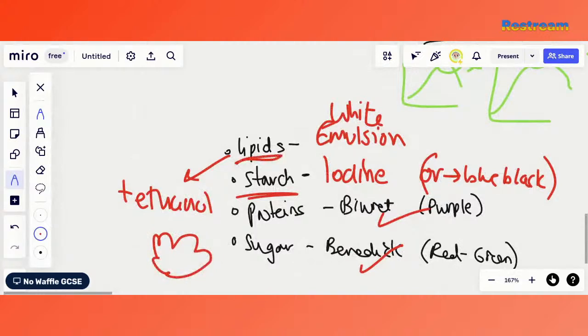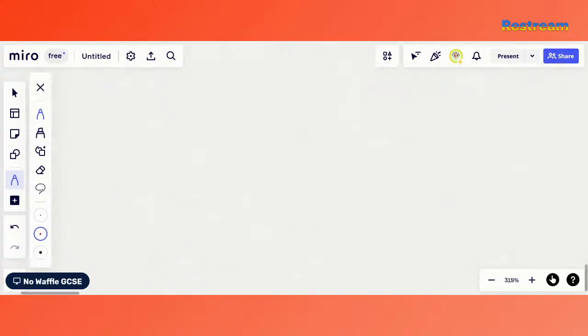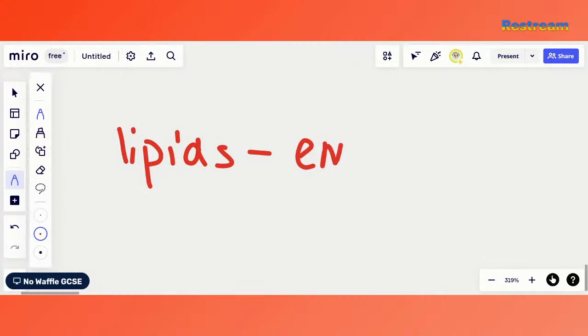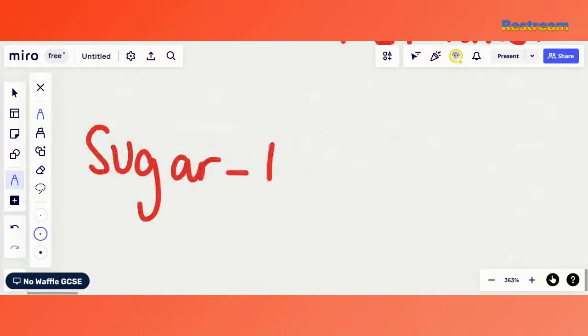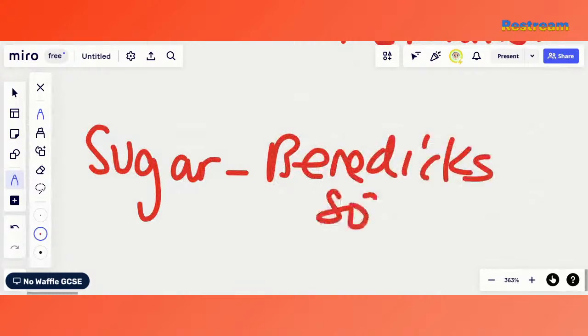Because I forgot that, I'm going to just relay it back to you. We have lipids, which are tested by the emulsification test, so emulsification and ethanol. We have sugars, which are tested by the chemical Benedict's solution and turns to red.